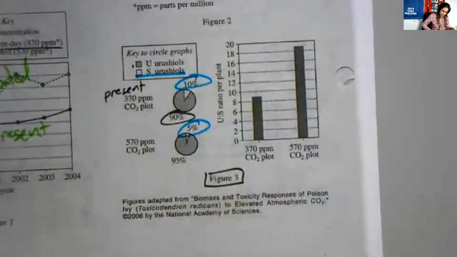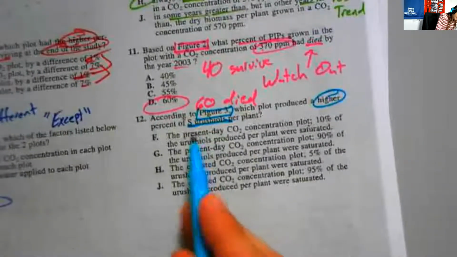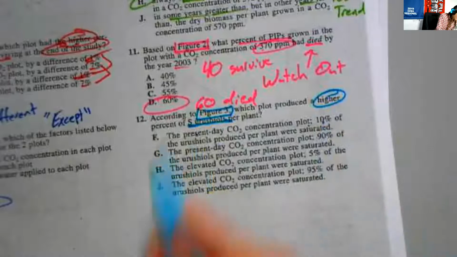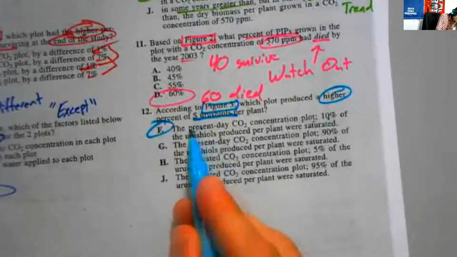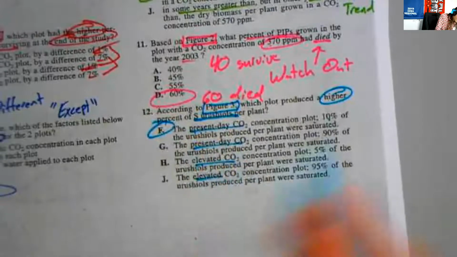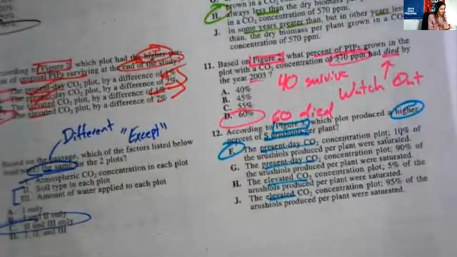So who was it? Present, 10%. Answer option F. Notice also there was a present, elevated. We could have immediately crossed out the elevated, but I think that question's so easy.